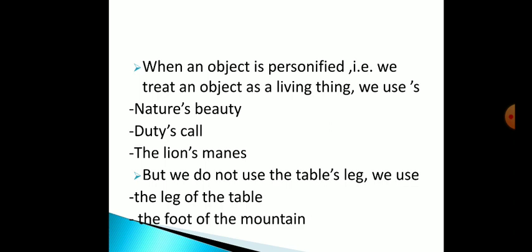Here the lion is a living thing, and when an object is treated as a living thing, then we use apostrophe s in the sentences, but we do not say the table's leg, we say the leg of the table, the foot of the mountain.